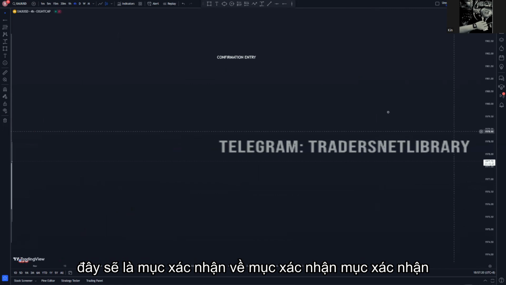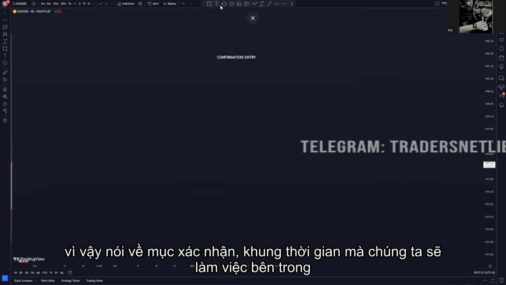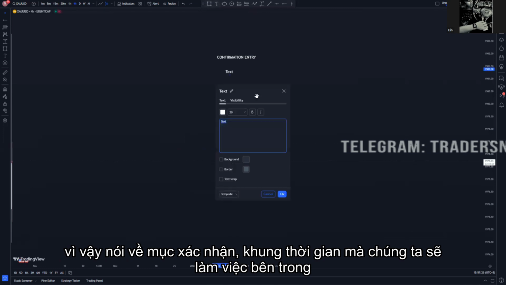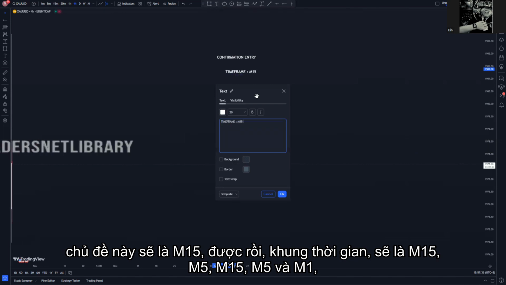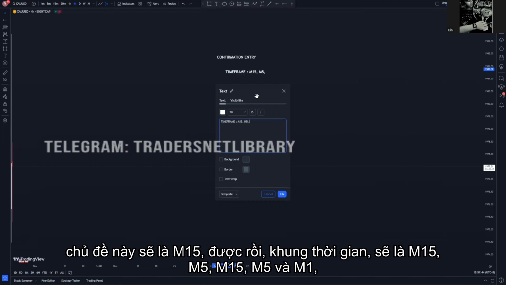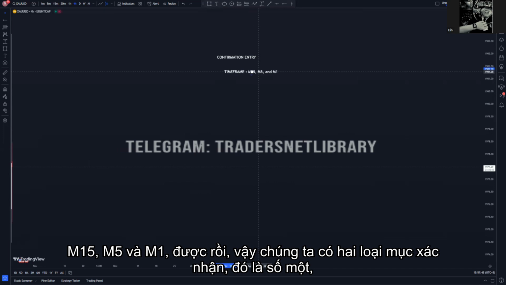All right, talking about the confirmation entry, the time frames that we're going to work with inside of this topic are M15, M5, and M1.